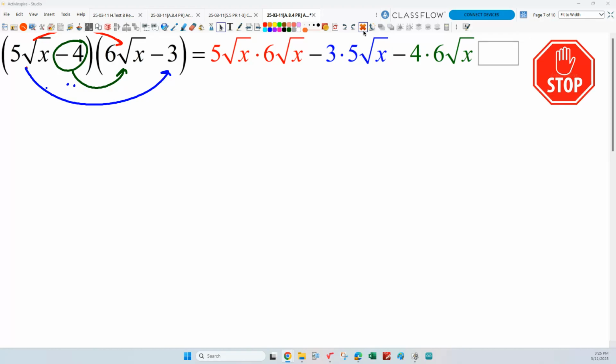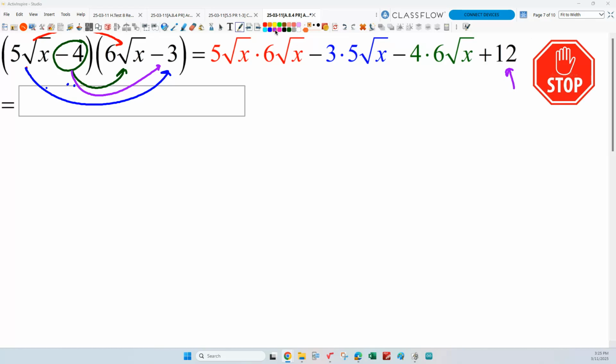The last one, we're just going to distribute negative 4 times negative 3. And that just gives us positive 12. Agreed? Everybody good with that? Okay, when I FOIL.